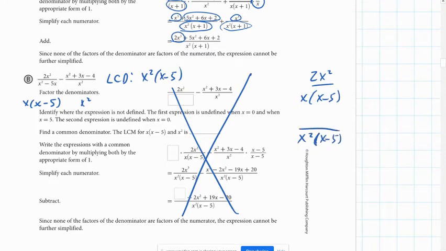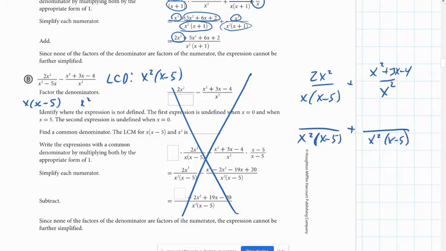So this is the most important step here, is to figure out how we get that least common denominator. This second fraction has only an x squared.